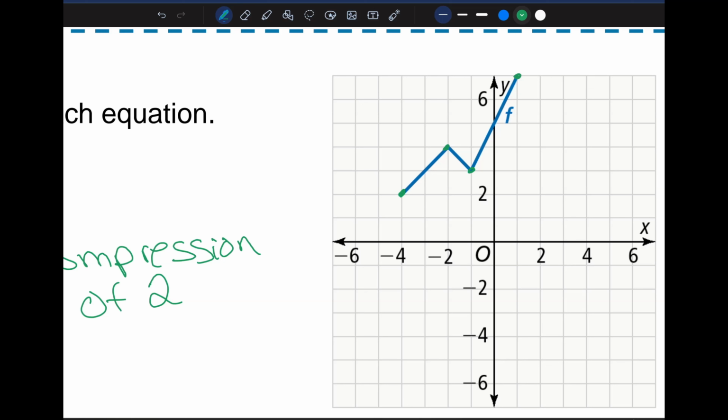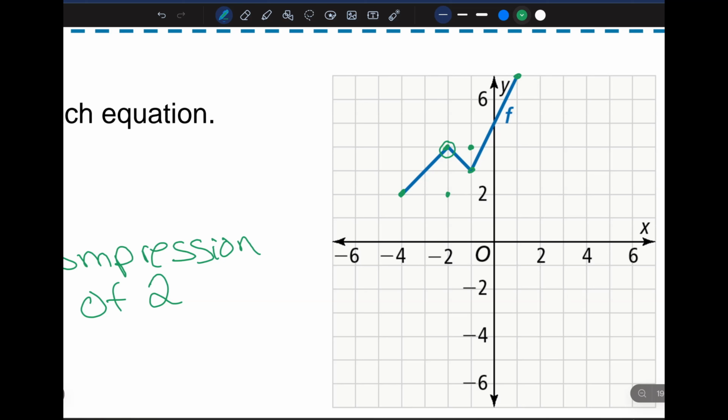So I have an x value of -4. Half of that is -2. So now my point is shrunken in a little bit. All right, this has an x value of -2. Half of that is -1. So I'm just going to move that over to an x value of -1. Remember, my y's are not changing. Not right now. All right, I have this point, which has an x value of -1.